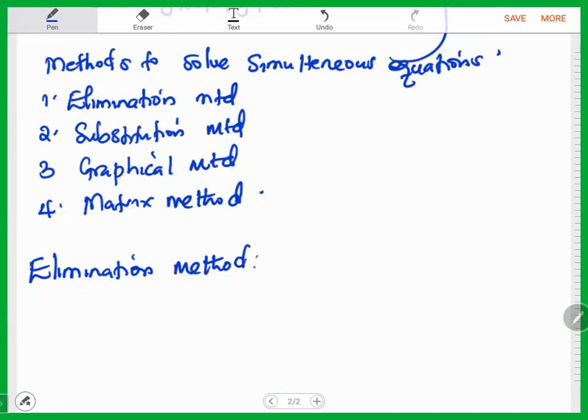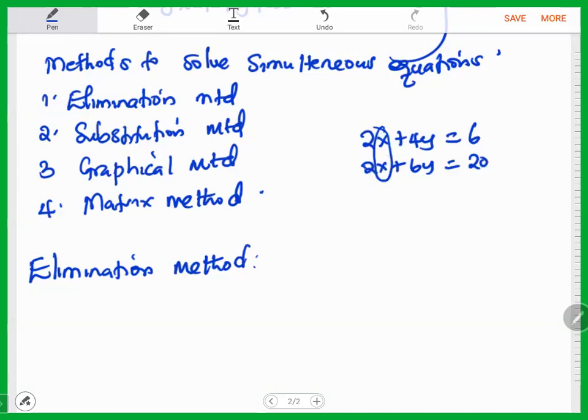Should you find that you have 2x plus 4y is equal to 6, and then you also have 2x plus 6y is equal to 20, because the coefficients of x are the same and you want to eliminate x, I'm going to subtract the two equations.